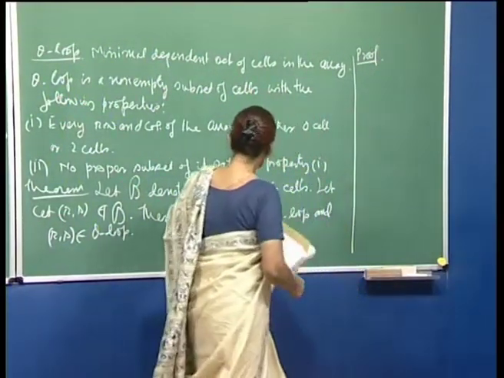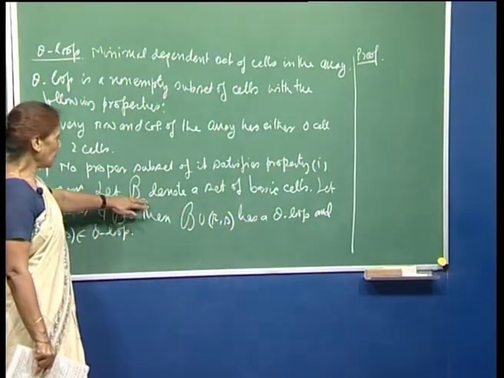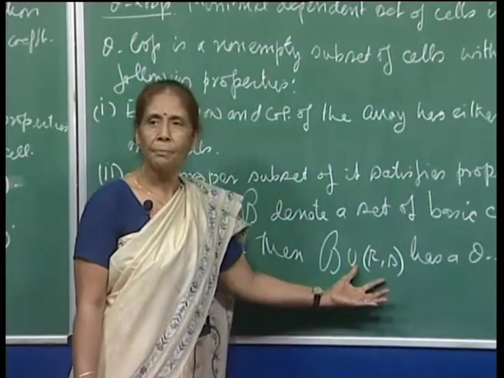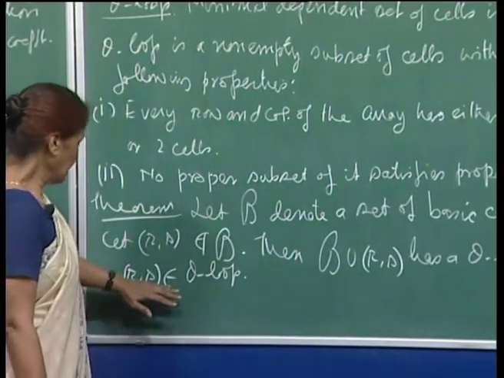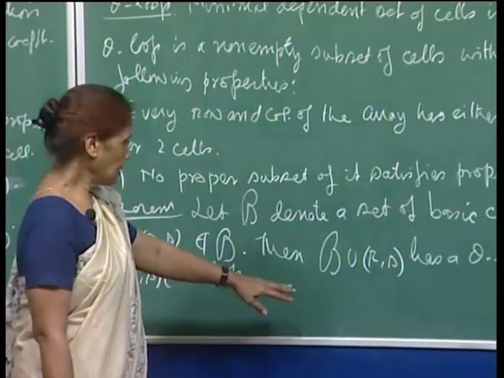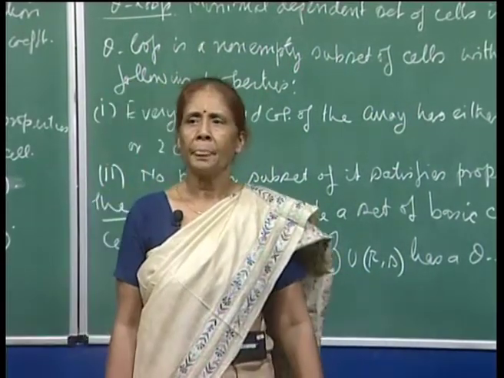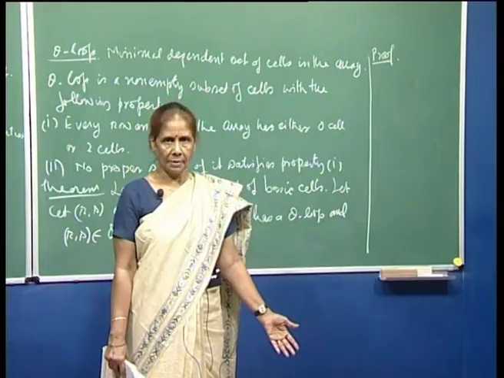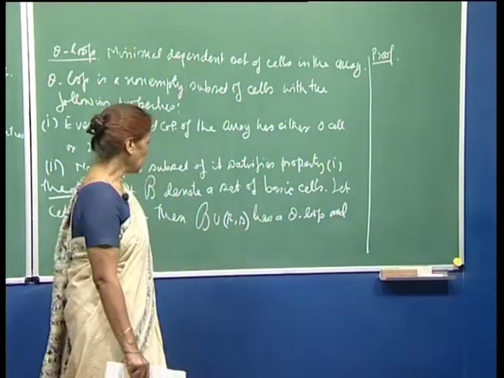So, what are we saying here? That you start with a set of basic cells which are m plus n minus 1 in number, and then you add a non-basic cell to it. So, therefore, the number becomes m plus n, right. And then we are saying that this must contain a theta loop, and the cell r comma s must belong to this theta loop. Okay. So, now since B union r comma s has m plus n cells, that means the corresponding columns are m plus n in number, and we know that they cannot be linearly independent, because the rank of the matrix has been shown to be m plus n minus 1, right.